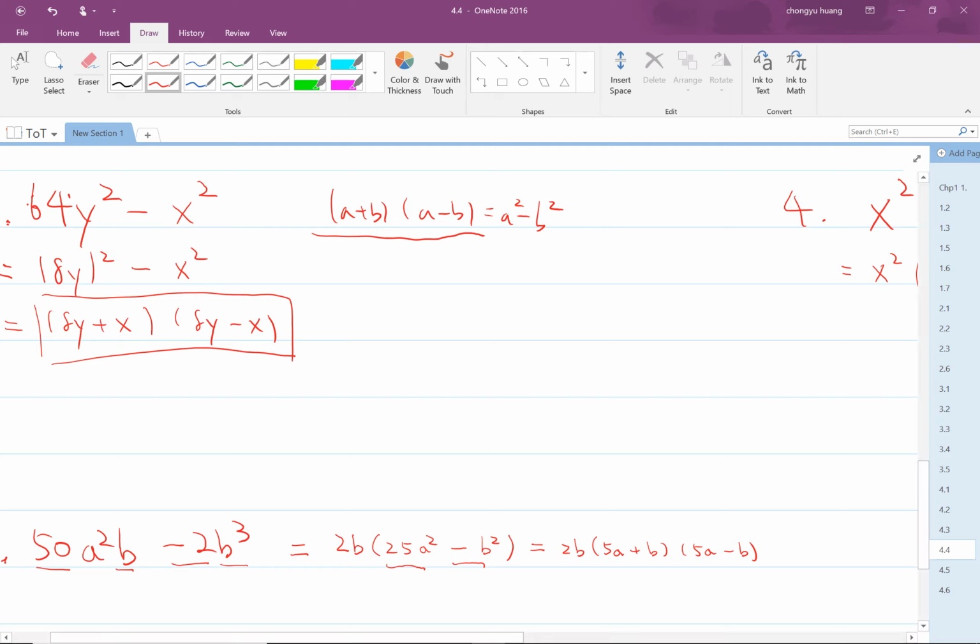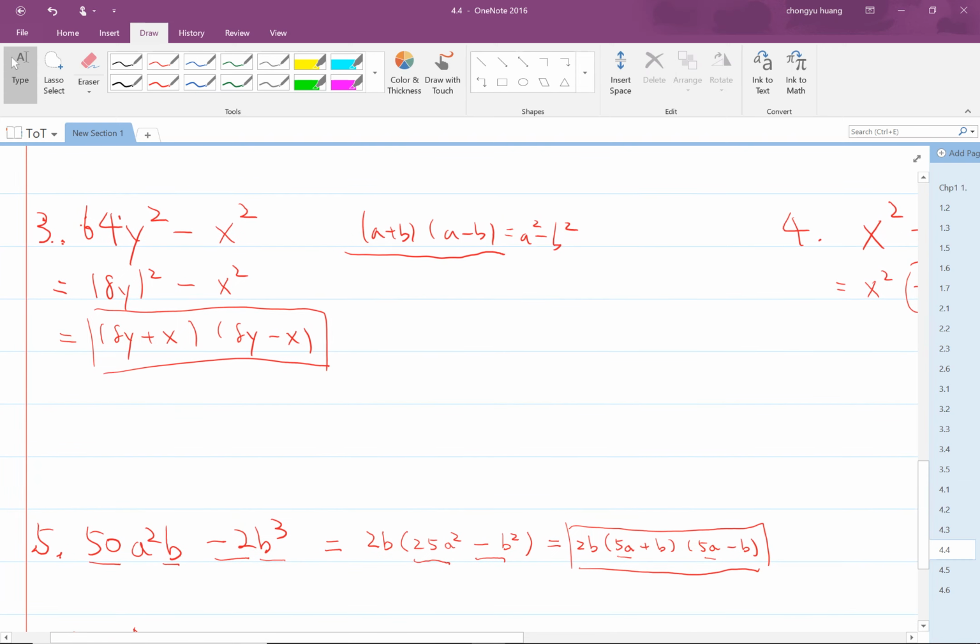So therefore we have 5a over here, and then we have a negative b squared. b squared is also a perfect square, so you just write down plus b and minus b, right? Okay. So now this is the final solution for question 5.